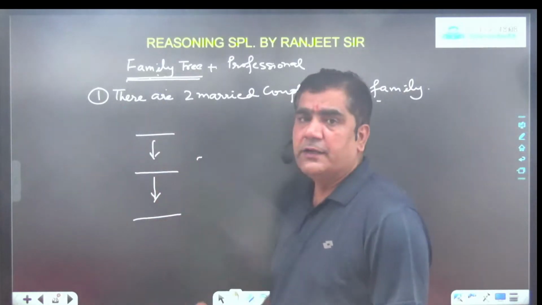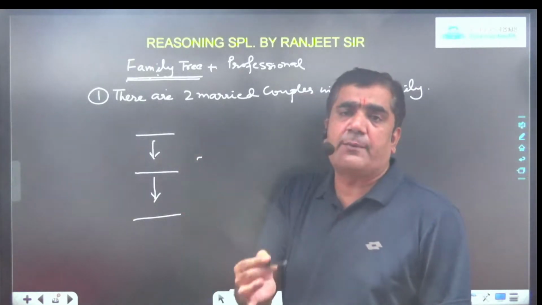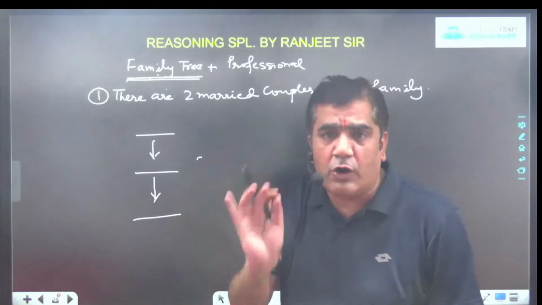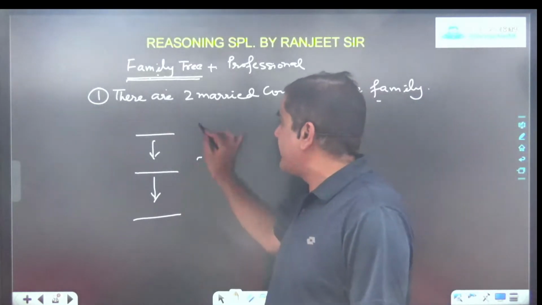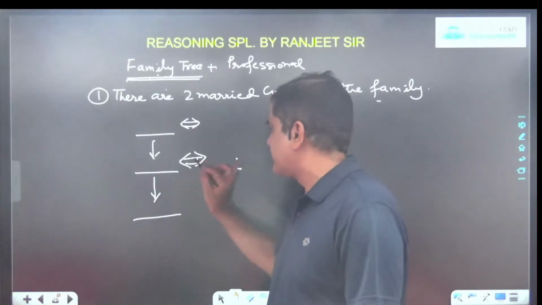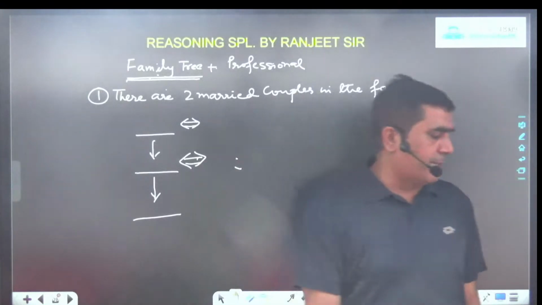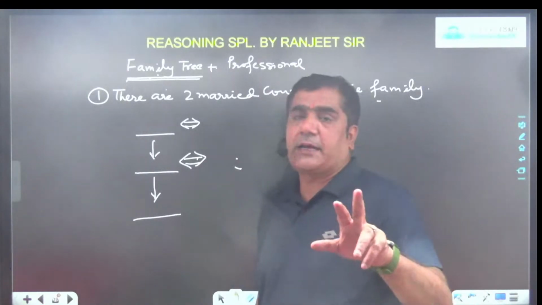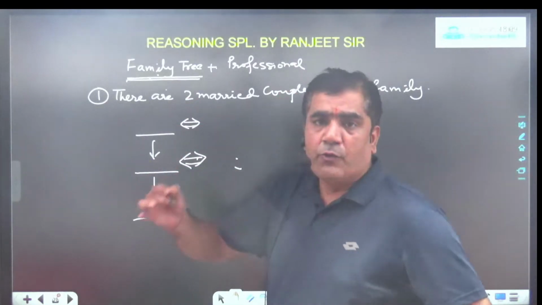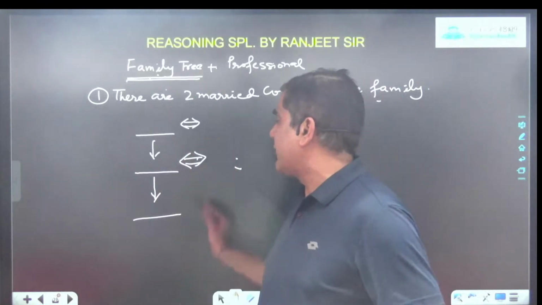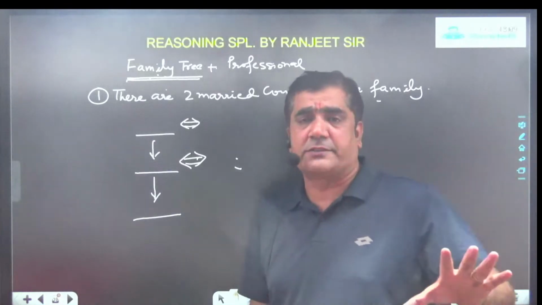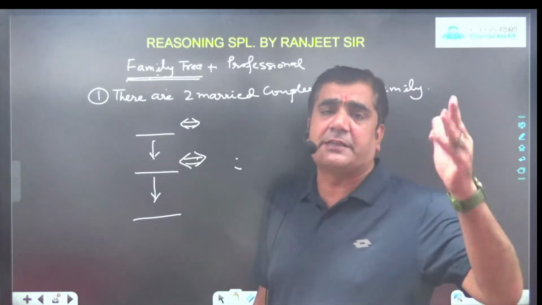If they have given there are two married couples in the family, then always the first couple will be in the first generation and the second couple will be in the second generation. The last generation always belongs to children, and children cannot form any married couples in the family.